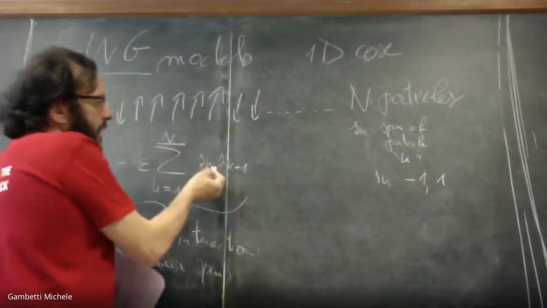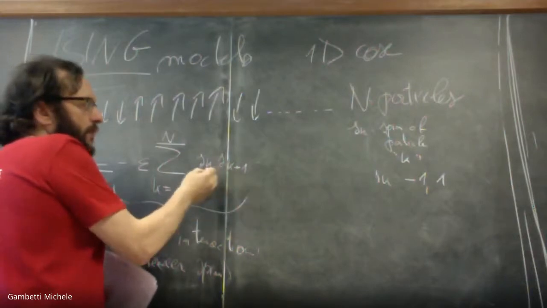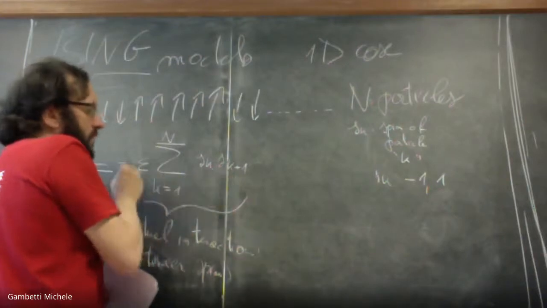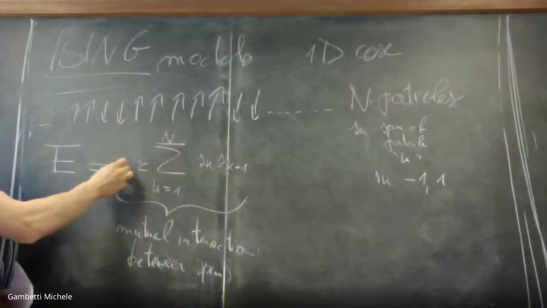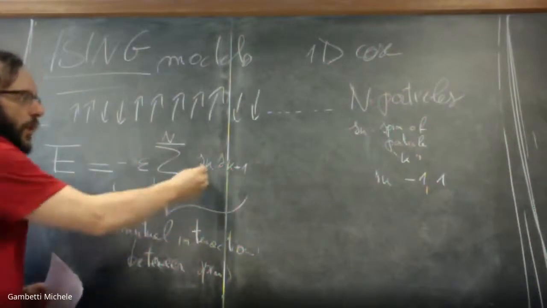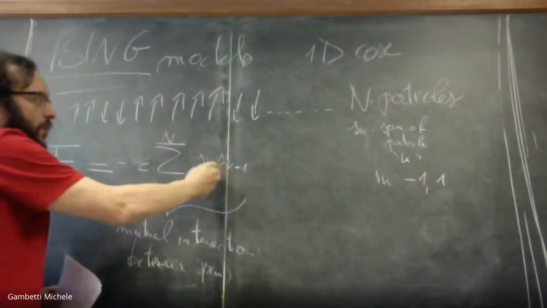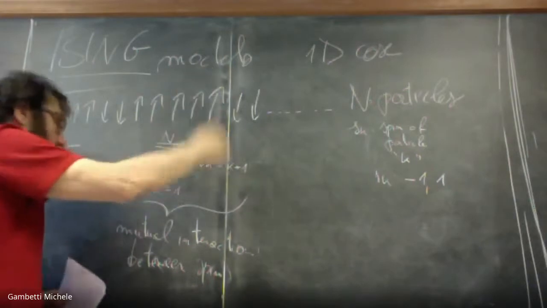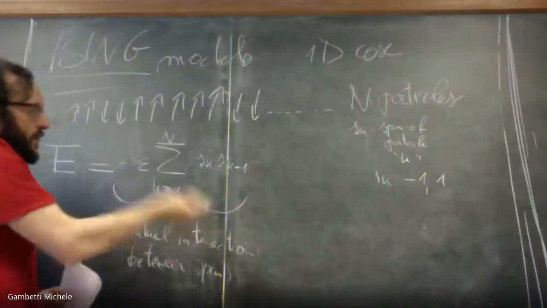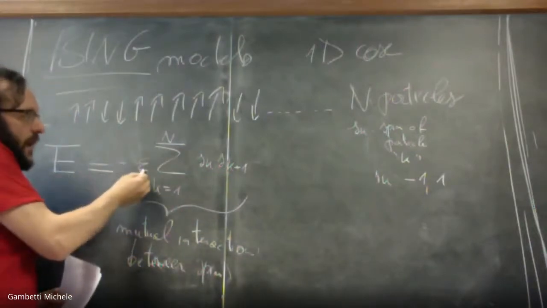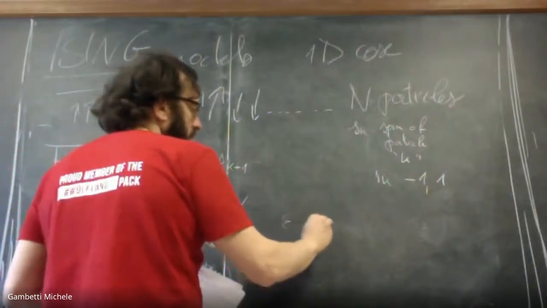And what says this term? That if they have the same one, so if it is 1 times 1 or -1 times -1, so the same spin, you are happy in the sense that the energy has a minus there. So you minimize the energy when 2 spins that are close by, the nearest neighbor, sorry, you are happy in the sense that you can decrease the value of the energy, and there is a coupling here, which is epsilon. So it's a coupling constant if you want.